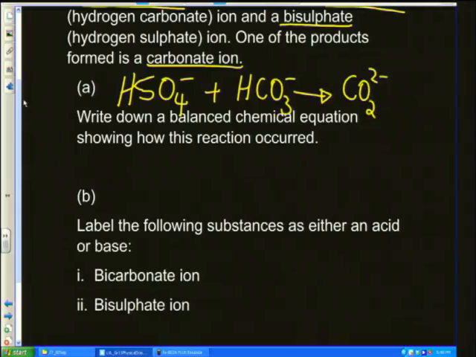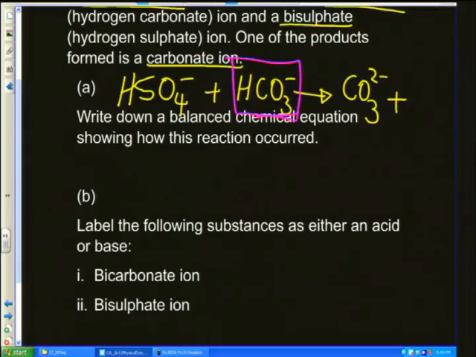That will be CO3 2 minus. Okay, so that's a carbonate ion. So what will be the other product? So I need to check carefully what has happened here for me to end up with a carbonate ion at the end. So I'm looking at this one because that is the substance that is providing my carbonate there.